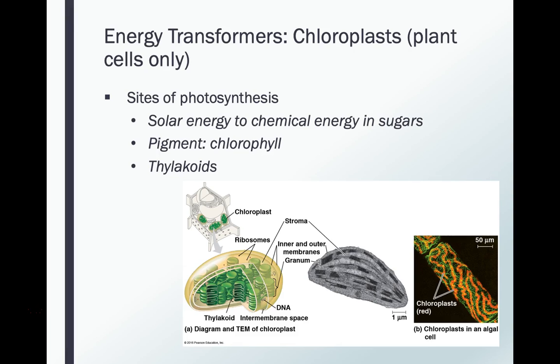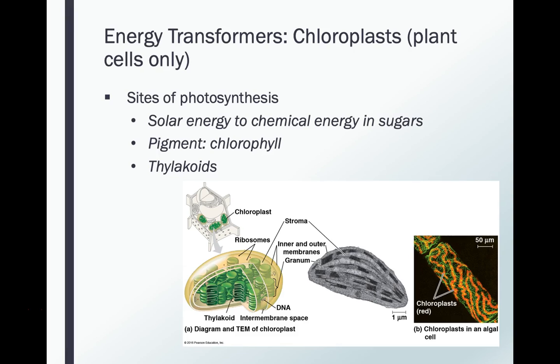Remember, structure equals function, so we're going to talk about those folds again. We saw those folds in the mitochondria, and we saw those folds in cells when we talked about cell size. Again, those folds increase the surface area. So the more surface area you have, the more chlorophyll molecules and proteins embedded in those chloroplasts that are going to perform photosynthesis.